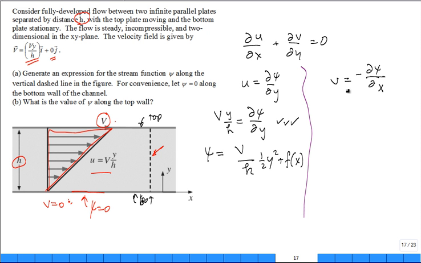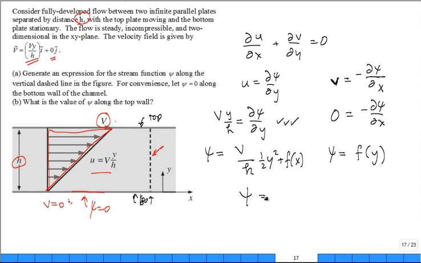Okay, let's work over here. What is v for this problem? 0. So we have minus the derivative of psi with respect to x must be equal to 0. So psi is equal to any function of y. So now I look at both of these and reconcile them. And what we find is that the stream function is equal to 1/2 y squared cap V divided by h.